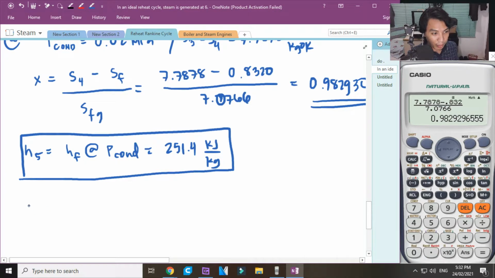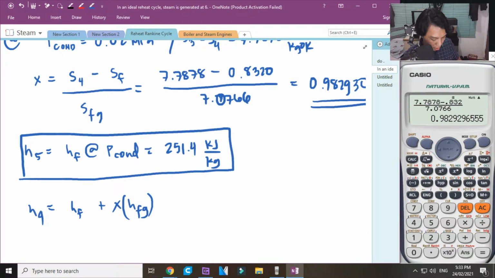Find H4. H4 is HF plus X HFG. Wait lang, hanapin ko sa table 2. Look at table 2. 0.02. HF niya 251.40.